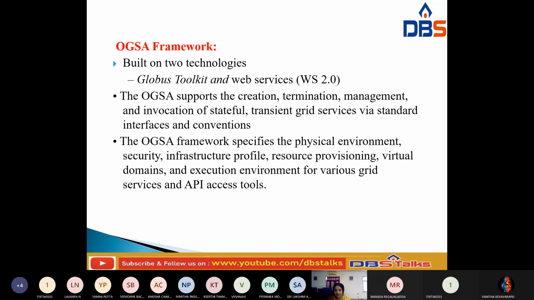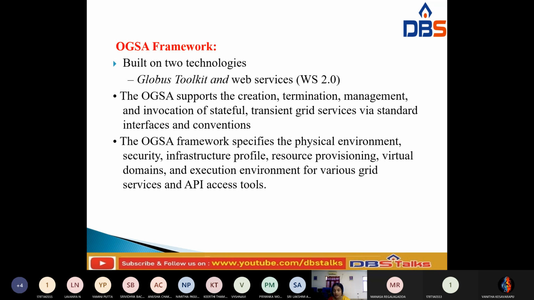So in the OGSA framework we have two important software technologies, the Globus Toolkit and web services. The Globus Toolkit is mainly utilized for scientific and technical computing purposes, and Web 2.0 services are mainly utilized for business and network applications.